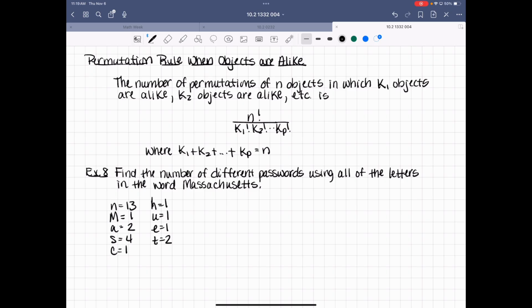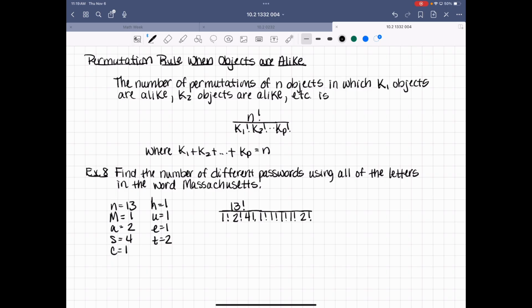Now, we just need to use our formula. So I'm going to have 13 factorial over, all right, each one of the letters as a factorial. So that's going to be 1 factorial times 2 factorial times 4 factorial. Then I have 1 factorial 4 more times, 1, 2, 3, 4, and then a 2 factorial.